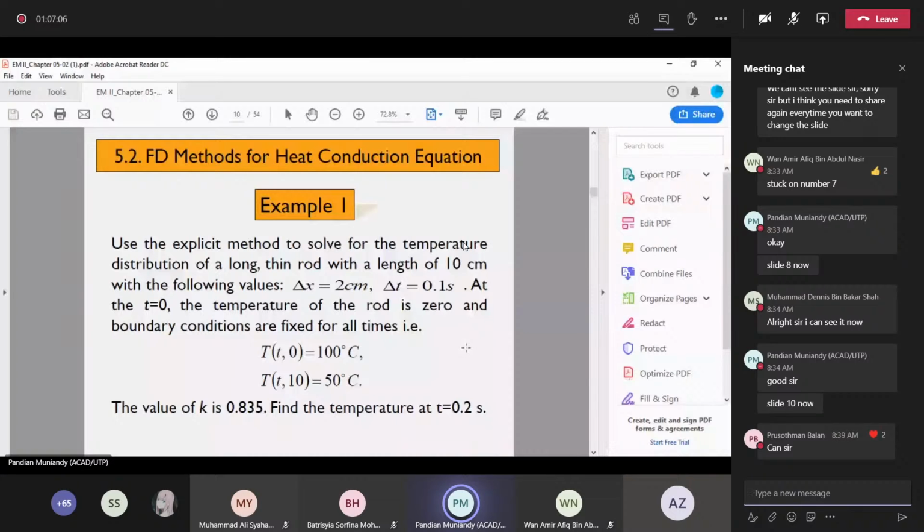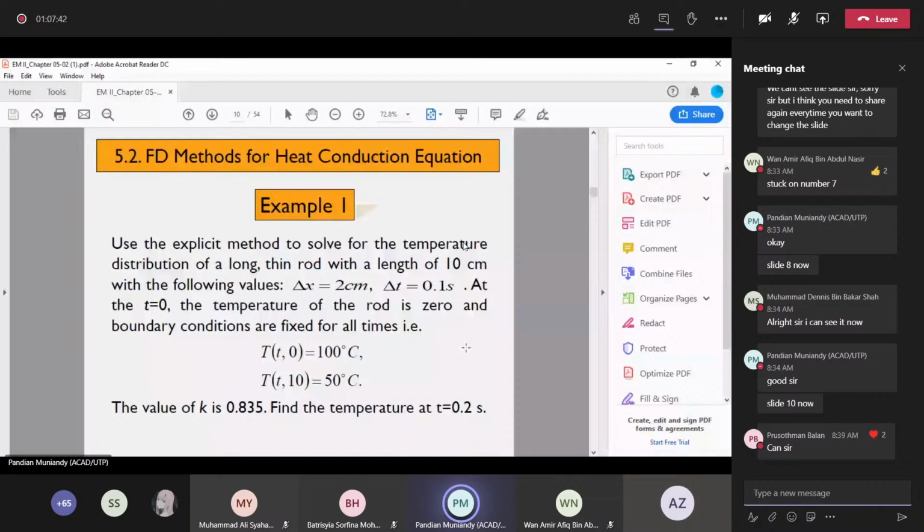Now they're asking you to find the temperature at T0.2 for x2, x4, x6, x8. But before you find T0.2, you must find T0.1 first. So today we just show you T0.1 first. That is today's lecture.